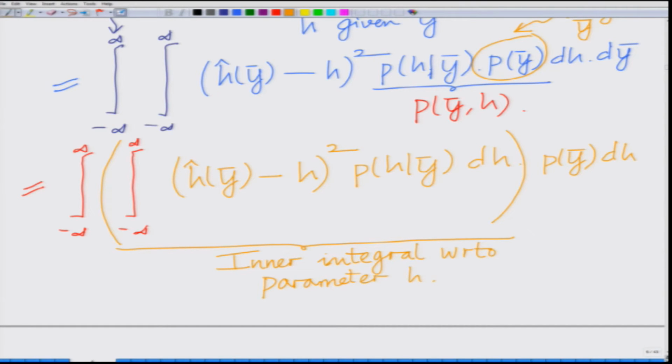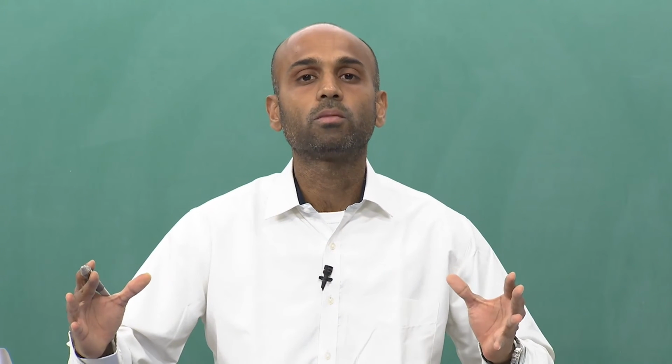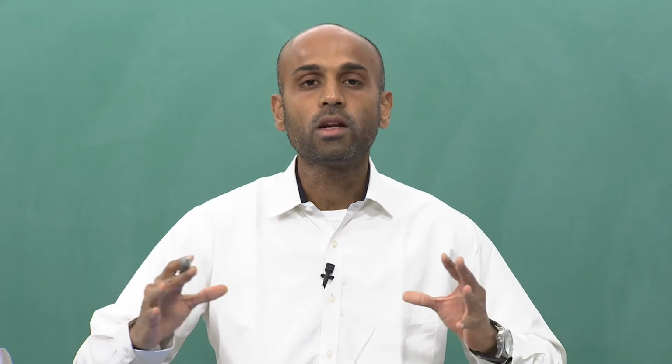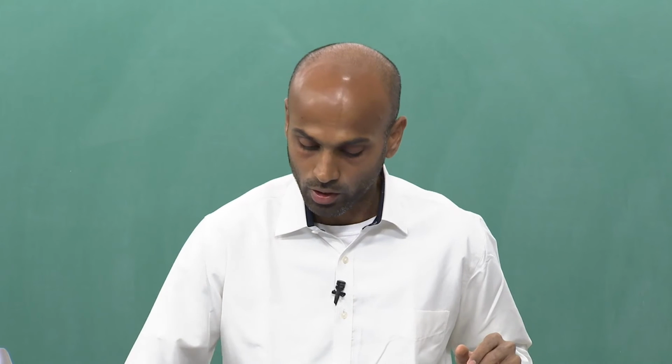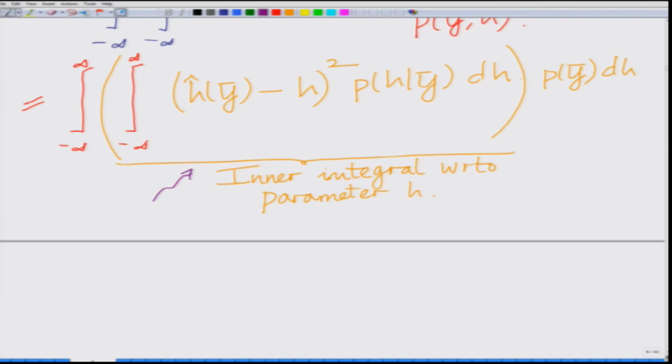So, we are carrying out the double integration in two steps. First, an inner integration with respect to h, you get a function of y bar, then integrate it with respect to y bar, all right. So, therefore, as far as the inner integral is concerned, y bar is a constant, okay. That is important to realize. For this inner integral, y bar is a constant.